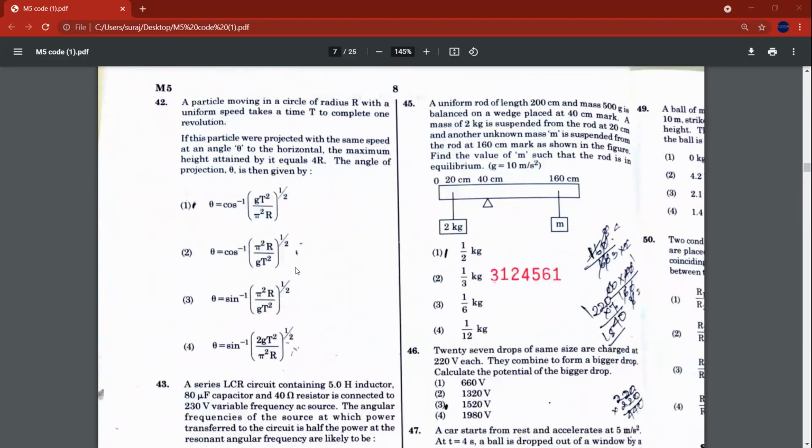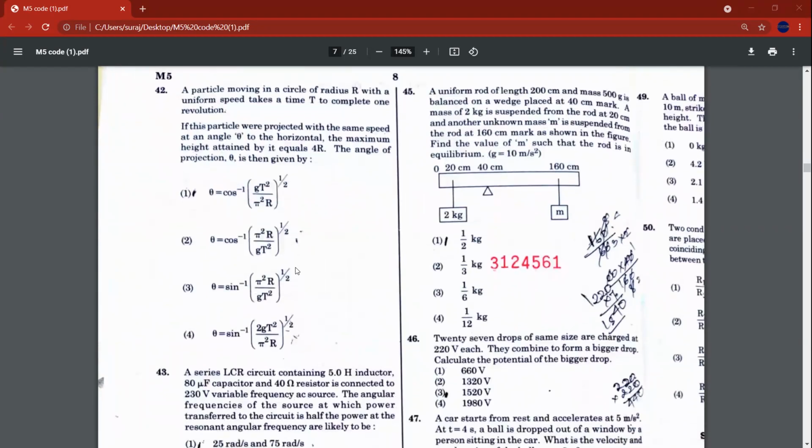42. Yeah, this is an important question. We can say it's a tough level question. A particle moving in a circle of radius r with a uniform speed takes a time t to complete one revolution. Time period is given, t. If the particle was projected with the same speed at an angle theta to the horizontal, the maximum height attained by it equals 4r.